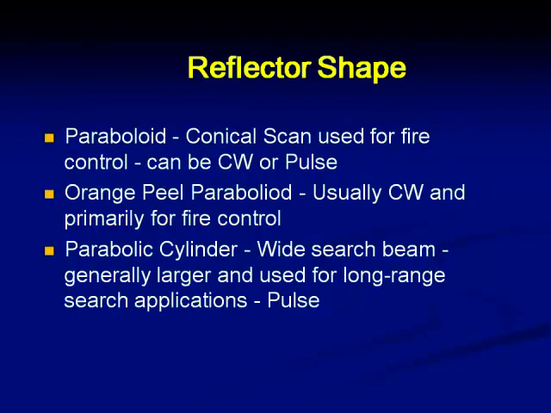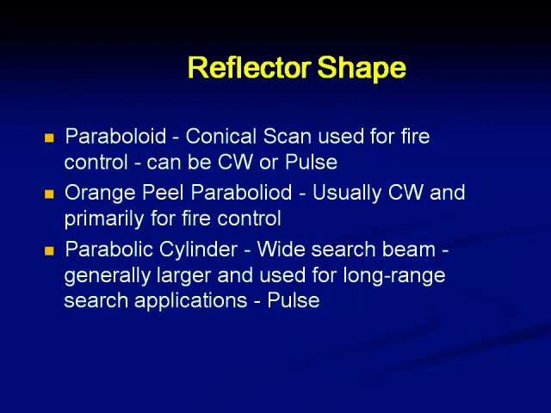The other variety that is possible is reflector shaped antennas. The most common one is a paraboloid antenna, which is used for conical scan, and it can be used with CW systems as well as with pulse systems. To get a broad beam in one plane and a narrow beam in another plane, we go for a modification in the paraboloid shape that is known as orange peel antenna.